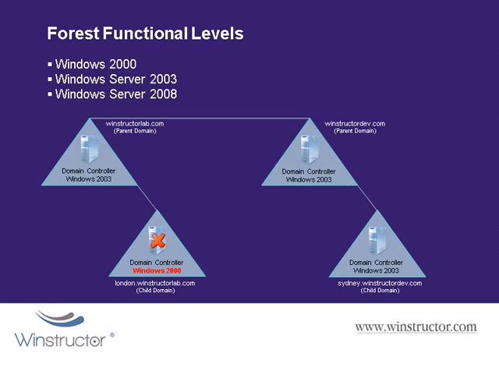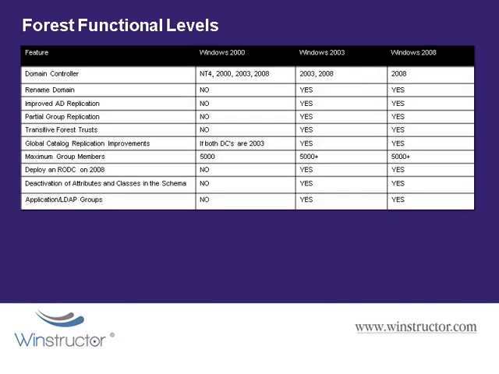So, what does setting the forest functional level to Windows 2000, 2003, or 2008 even mean? What's the difference between these functional levels, and why should I bother upgrading my domain controllers to a later operating system just so I can raise the functional level of my forest? Alright, well, here we have a table of the various features that you'll be able to utilize depending on which functional forest level you're running. But to raise the forest functional level, you will need to be a member of the Enterprise Admins group.